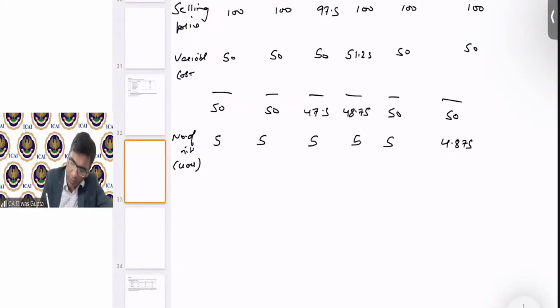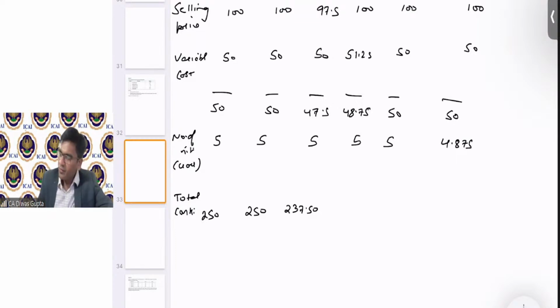Number of units come, then total contribution becomes 250, 250, then 47.5 into 5, which is 237.5. Then 48.75 into 5, which is 243.75. Then again 250.